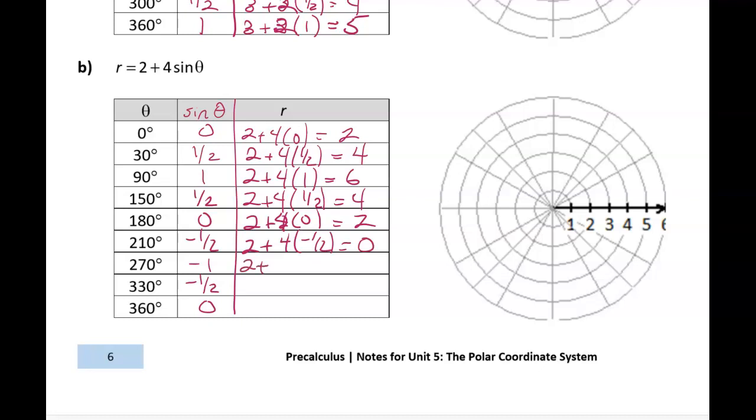And at 270, the radius becomes negative. It's negative 2 there. At 330, the radius is back to 0. And at 360, the radius returns to its original value of 2. Something to watch out for in this one.